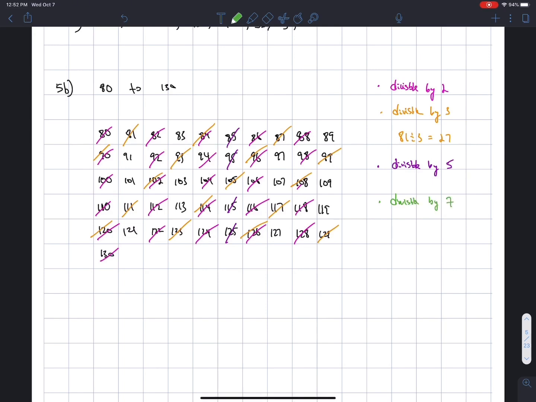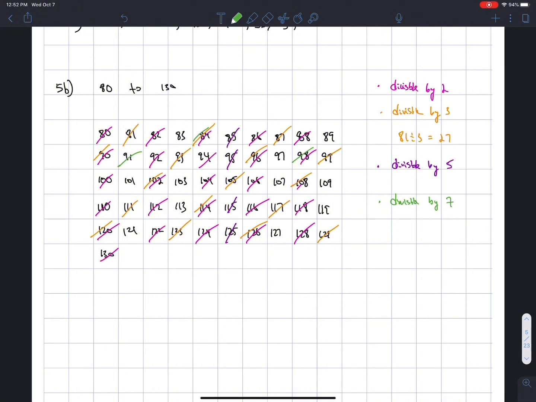Again, I need to figure out the first one that is divisible by 7, starting from 80. And the answer is 84. So I'm just thinking 70 plus 7 is 77. 77 plus 7 is 84. So that's how I knew we start at 84. And then after 84, I just keep on adding 7. 91 plus 7 is 98.